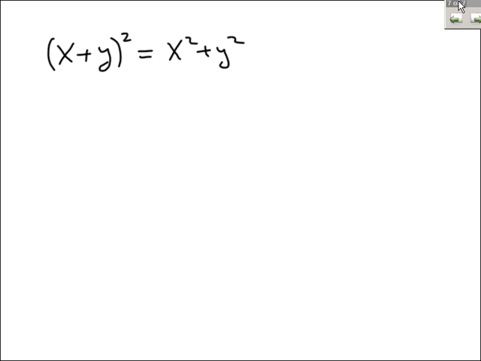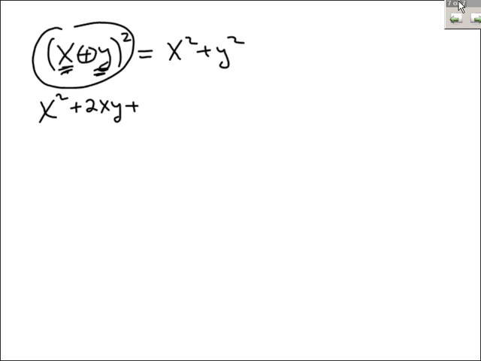Now, if this were my problem, I would square this. I like to call this the first and the second. You get the first squared plus 2 times the product of the first and the second plus the second squared. And this is x squared plus y squared.